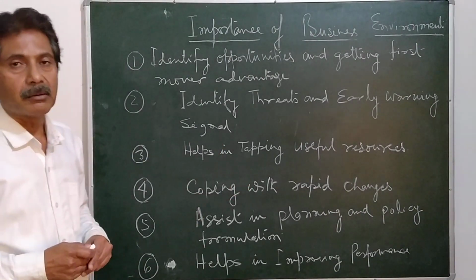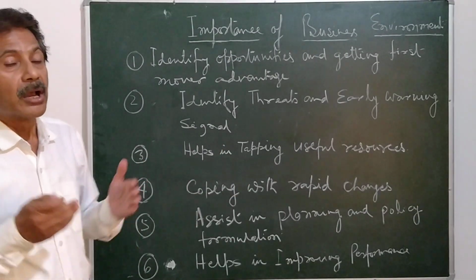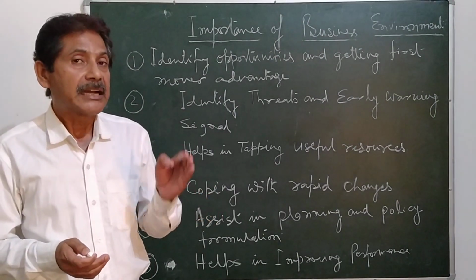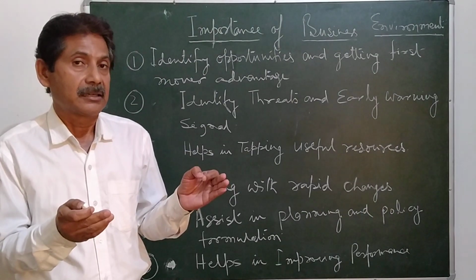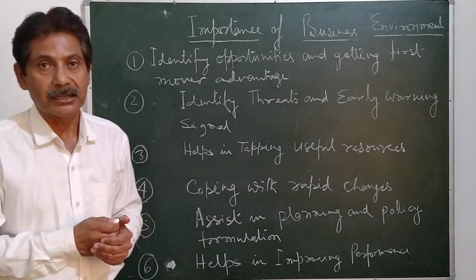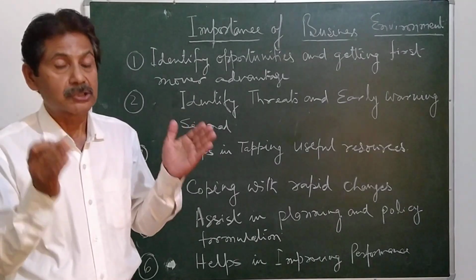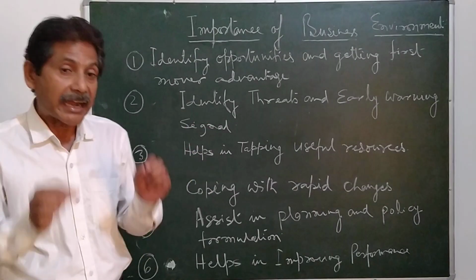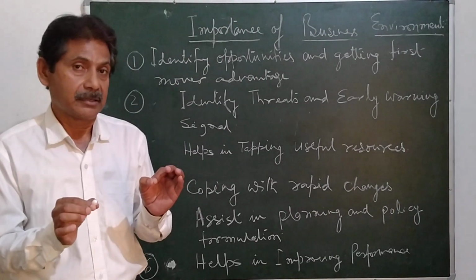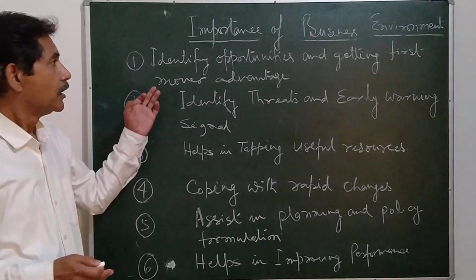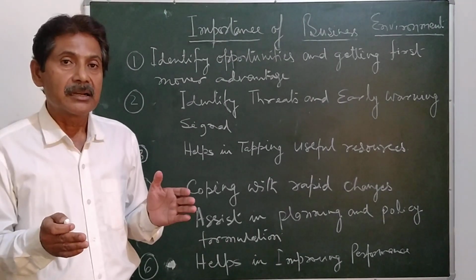Say for example, Maruti Udyog company. In fact, Maruti Udyog found that a small car is needed in the market, and there is a very good demand for small cars. So they identified this segment and they started marketing and manufacturing small cars in the market.